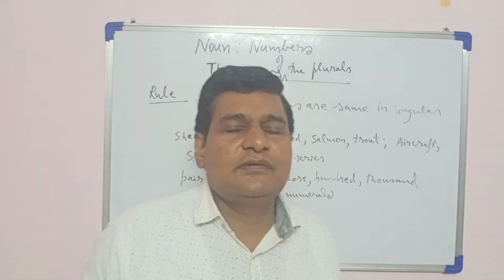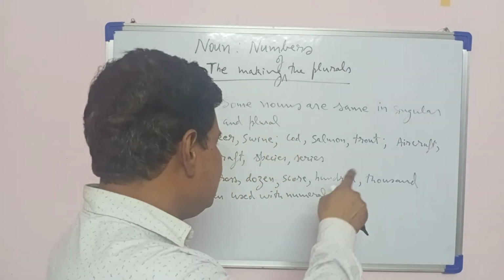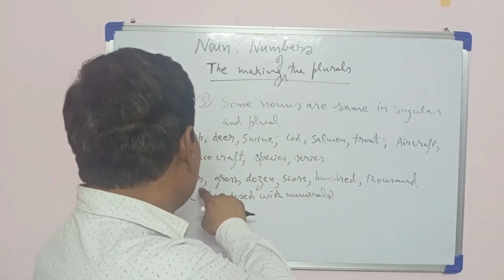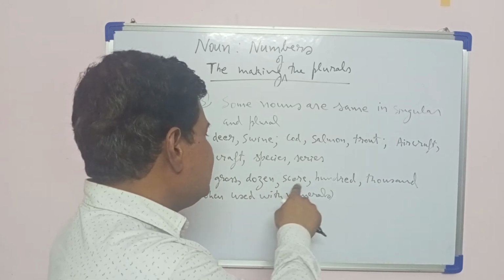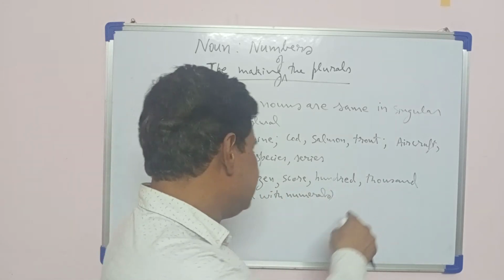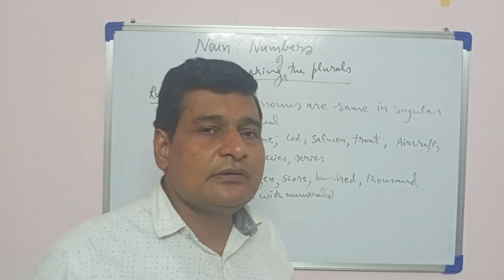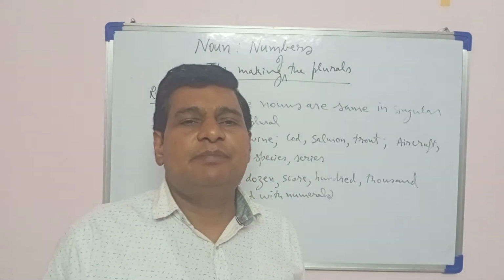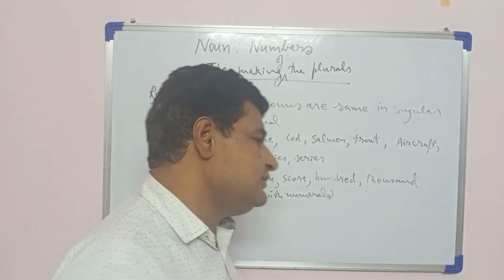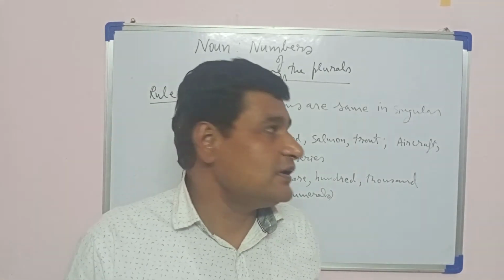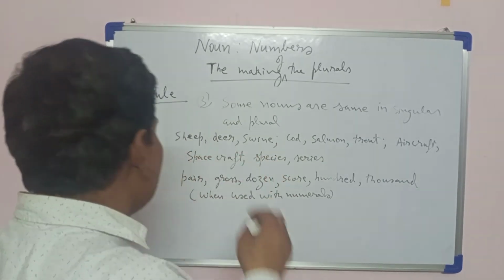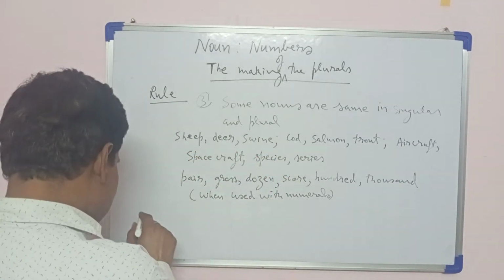These are other words which keep their singular and plural same. Pair, gross, dozen, score, 100, 100,000. These are the nouns which, when used with numerals, give the idea of plural. Otherwise, their form doesn't change. So this was the next rule. Now let's understand the next one.